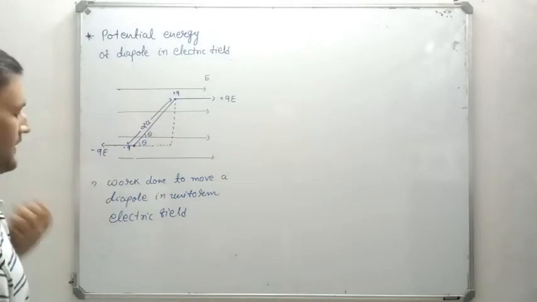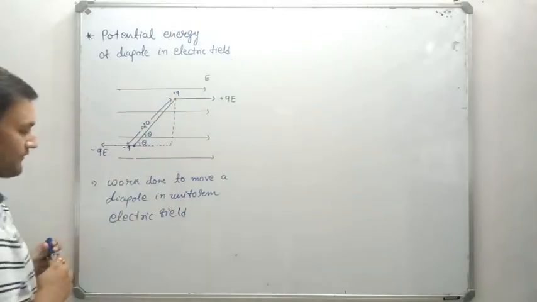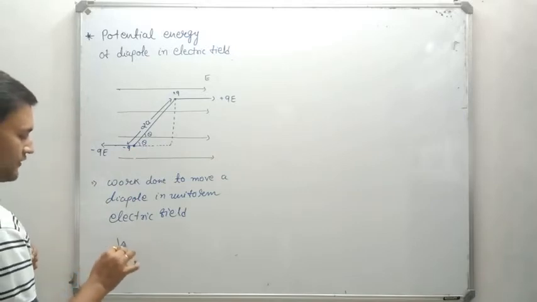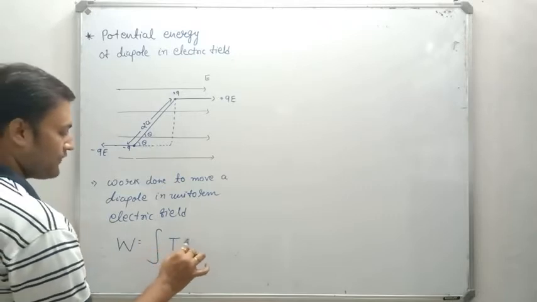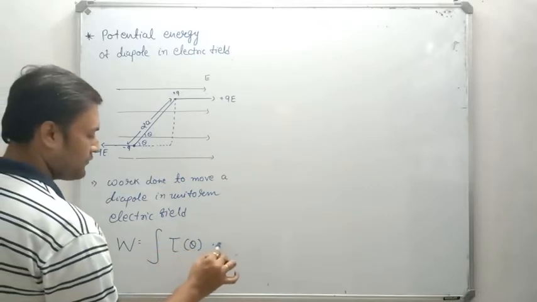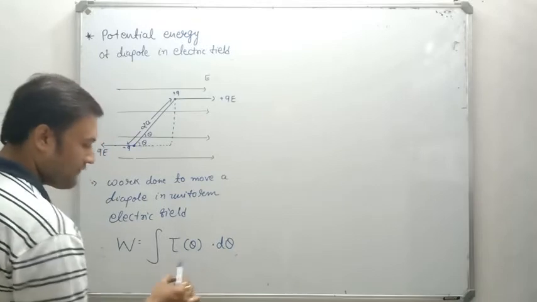in the parallel and uniform electric field, and this work W is equal to the integration of tau of theta into d theta. Tau is a function of theta.